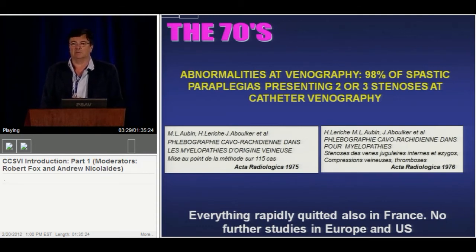Stenoses were found in the jugular vein, in the azygos vein, hemiazygos, renal vein, and they described this kind of association. We know nothing about the patients, and they also tried to operate on these patients, but with poor results due to heavy complications, and so this story quit.